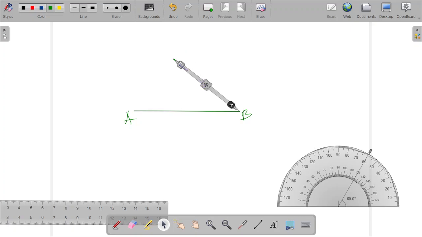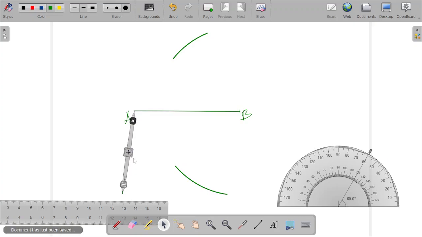Then with that, you now draw an arc above and below. All right. Then you do not adjust this radius. Don't adjust your compass radius, please. Now you place your compass on the other point, which is point A, right?